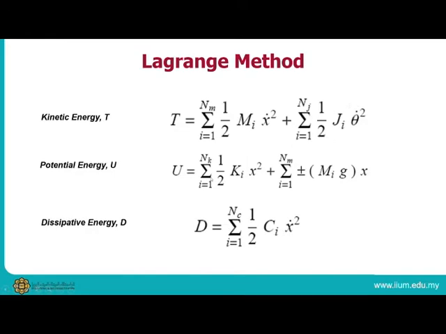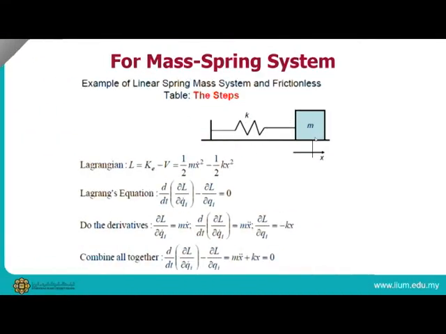And then for potential energy, half kx square is for the spring, and then mgx is the potential energy for a mass. So dissipative energy is basically for the damper. For the damper, you got half c x dot square, right? All right, let's look at an example.